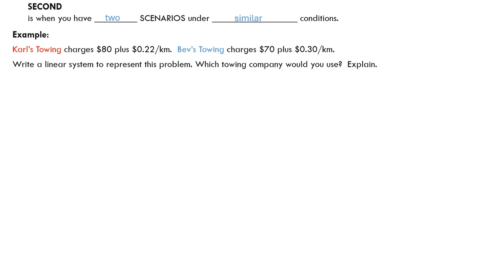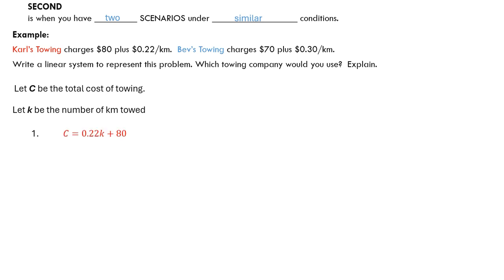We'll let C be the total cost of towing and K represent the number of kilometers towed. Carl's towing can be represented by the equation C equals 0.22K plus 80. Bev's towing can be modeled by the equation C equals 0.30K plus 70.